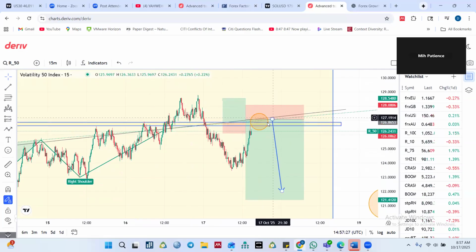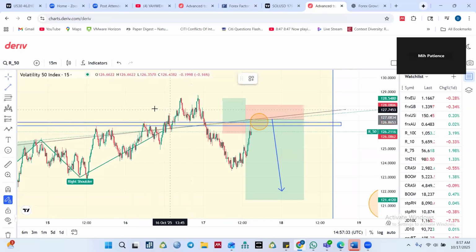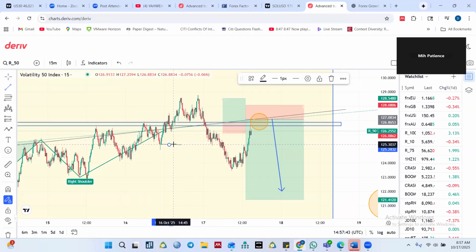What is the other reason? When price was bullish and was going up, the last significant low that made these highs, I think, is somewhere here. This is the last low.